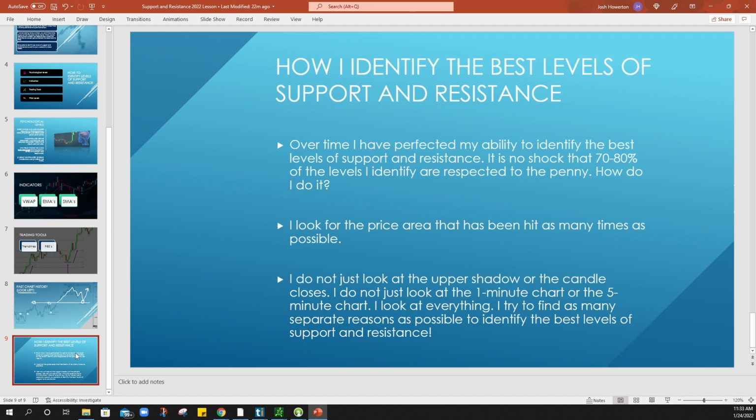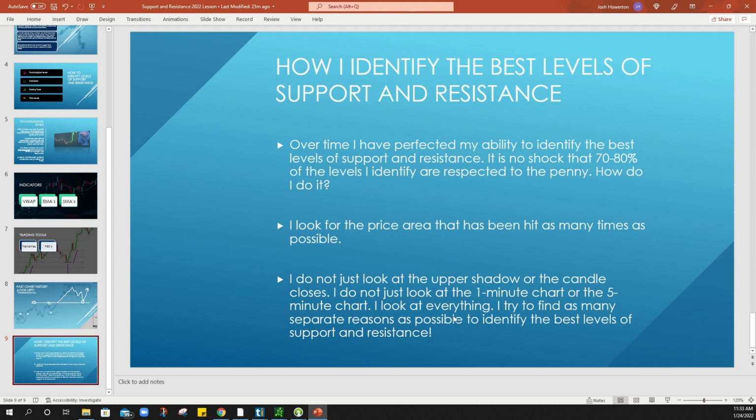Some traders only look at a daily time frame. I'm looking at everything. I'm looking for the price area, not just one time, but the price area that has been hit as many times as possible. I'm not just looking at upper shadows or the candle closes. I'm not just looking at the 1 minute chart or the 5 minute chart.